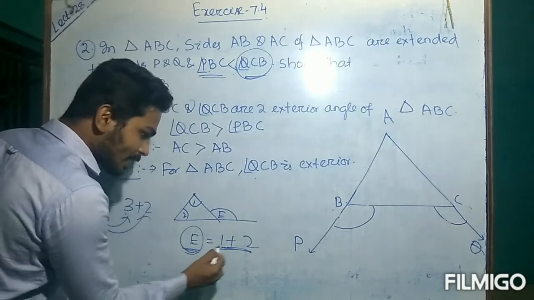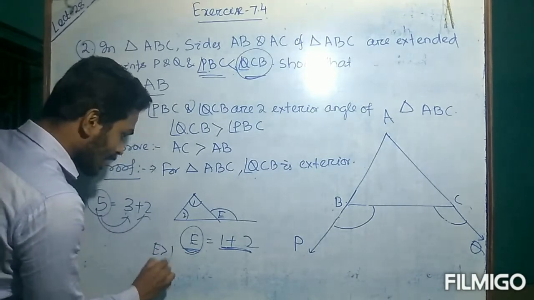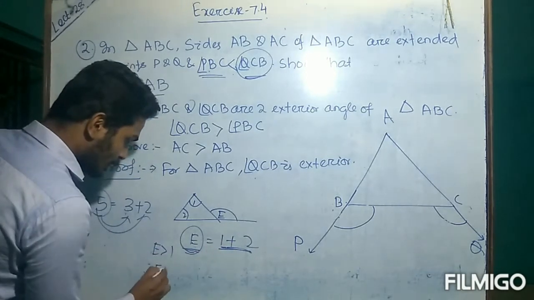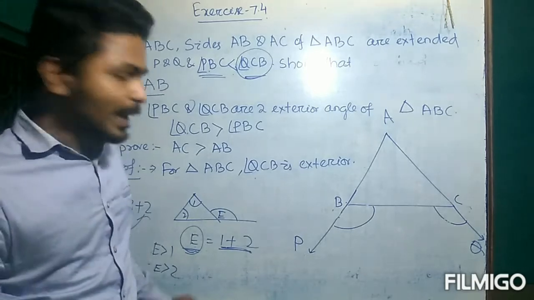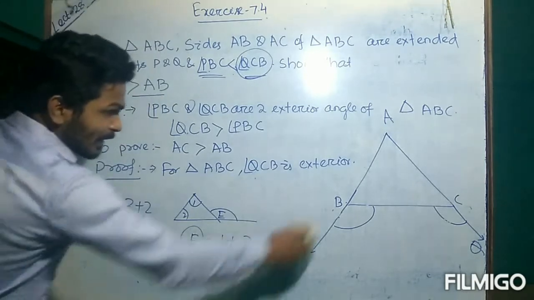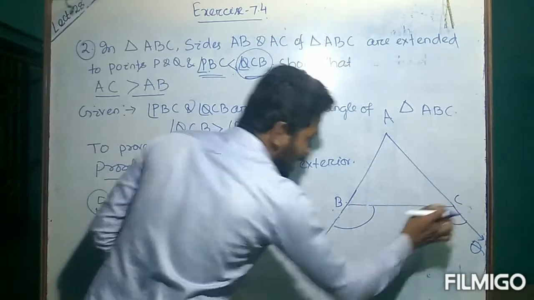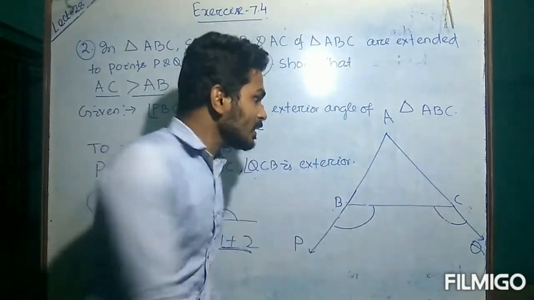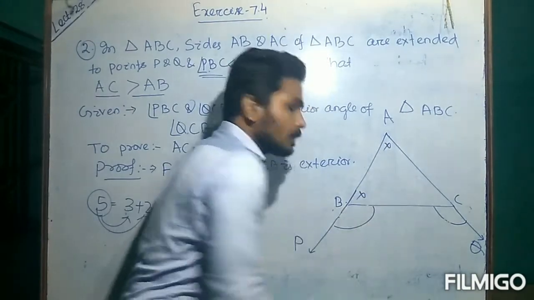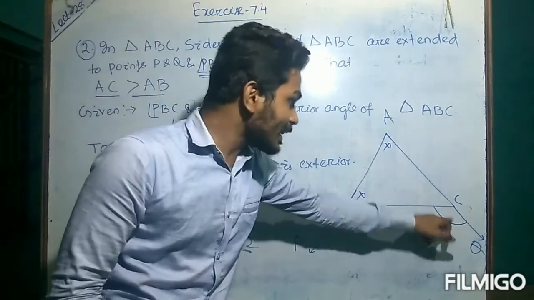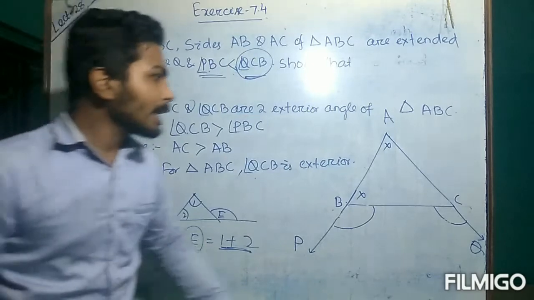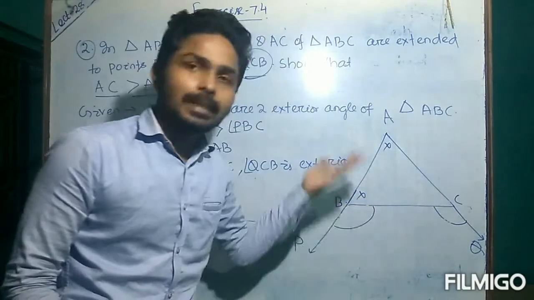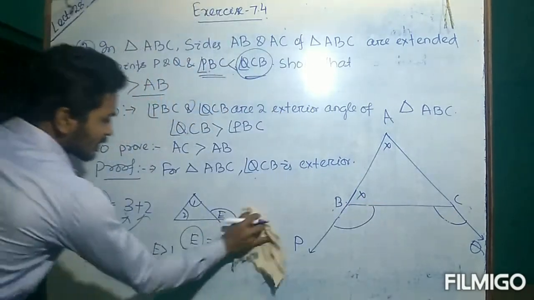So this must be greater than 1 and this must be greater than 2. So simply we can write here, this is the exterior angle. Then what are the two interior opposite angles of this exterior angle? Definitely this angle and this angle. Now can we write this angle is greater than this angle? Yes. Can we write this angle is greater than this angle? Yes. So let us write it.